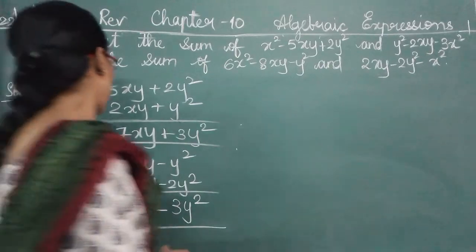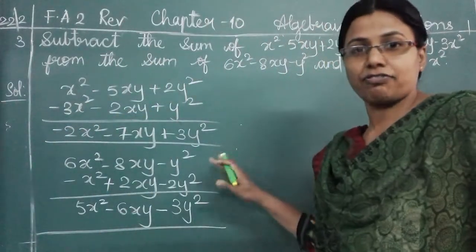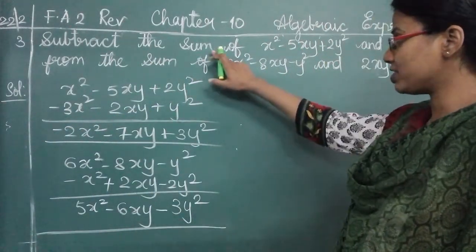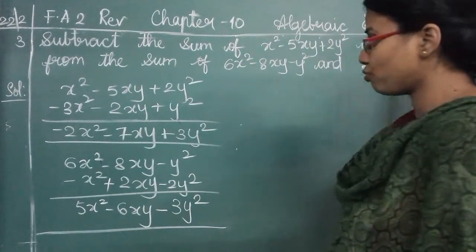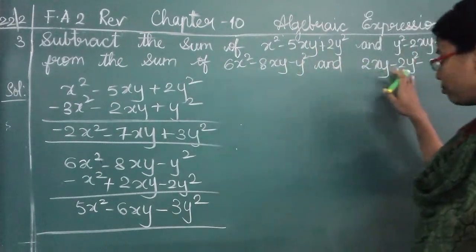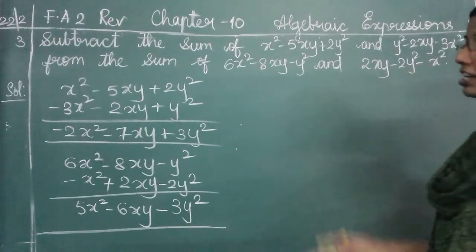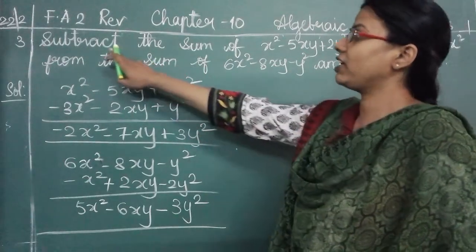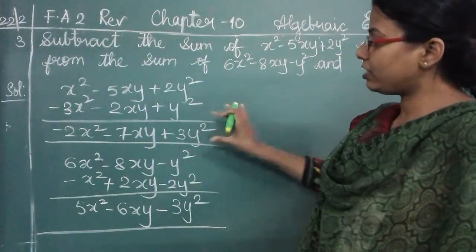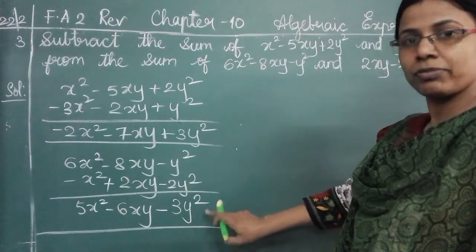Understood this? So now, we have still not completed the problem. First we have to find out the sum of these two algebraic expressions, then the sum of these two algebraic expressions. After that they have given subtract the sum. This sum we have to subtract from this one.